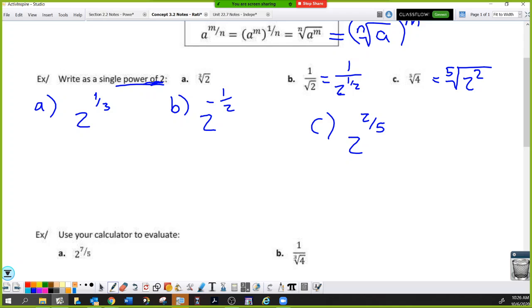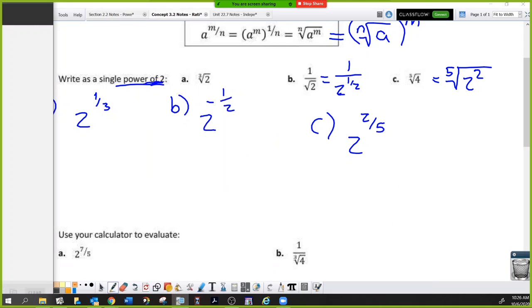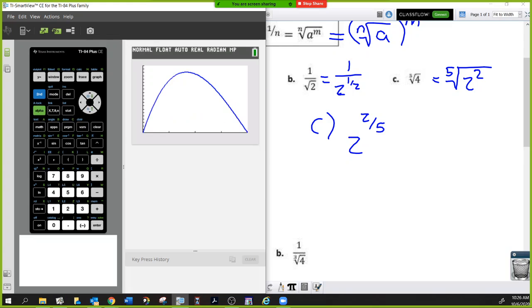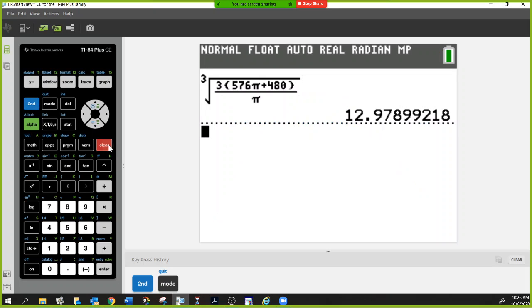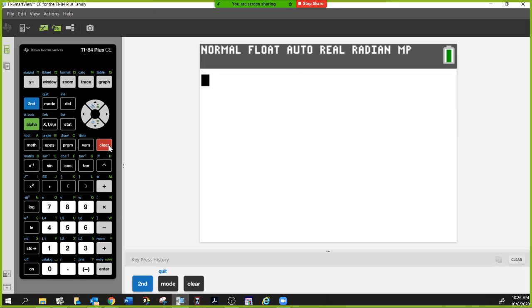So I want to fire up the calculator real quick so I can show you how to use the commands. Clear. All right. So how do we access, well, first of all, fraction exponents is easy.